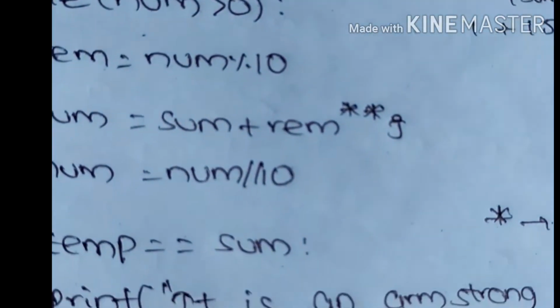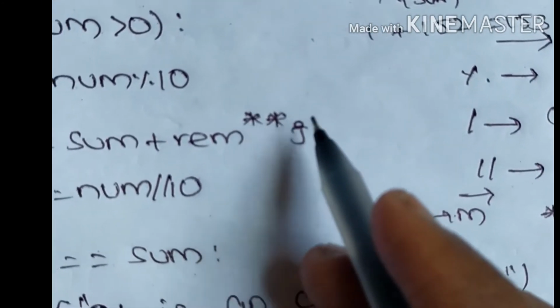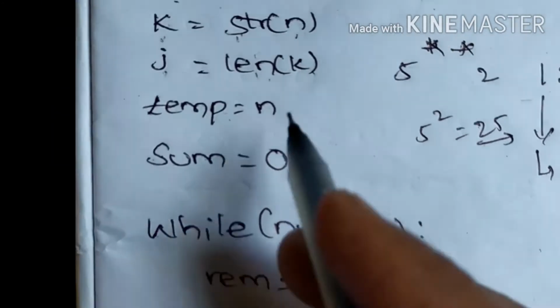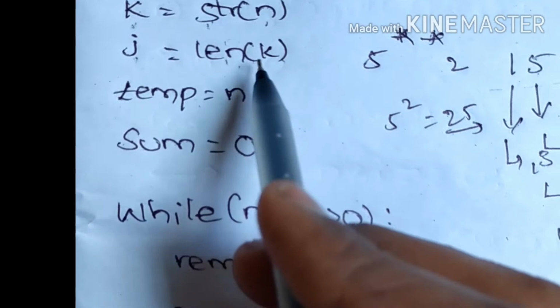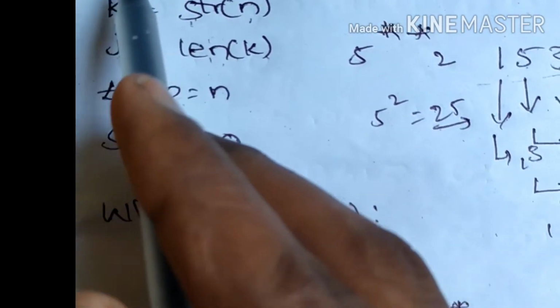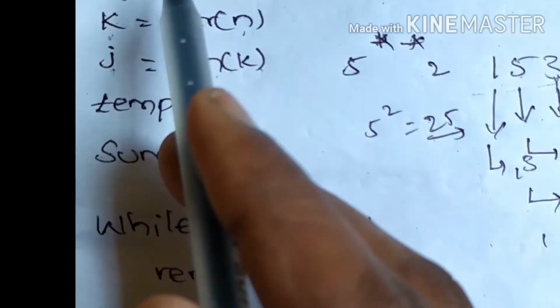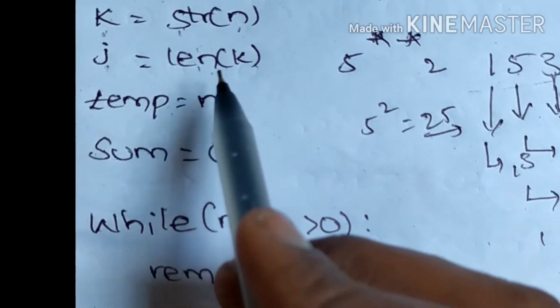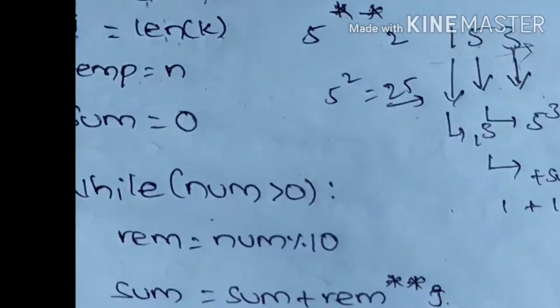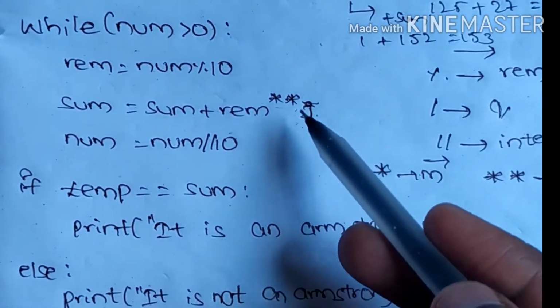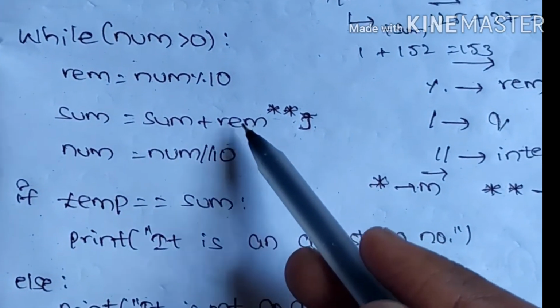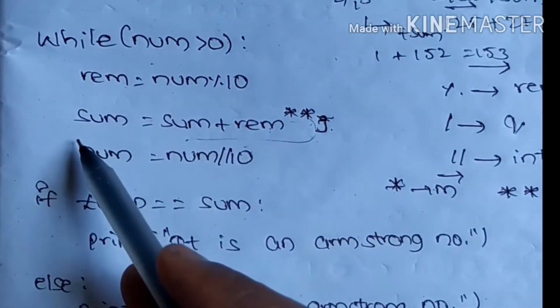That's why I mentioned 2 stars and j. J means here we will get length of the k, that means length of that number. In 153, the length will be 3, right? So 3 is assigned to j, and here the cube of that value will be added to sum, and this will be stored in sum.